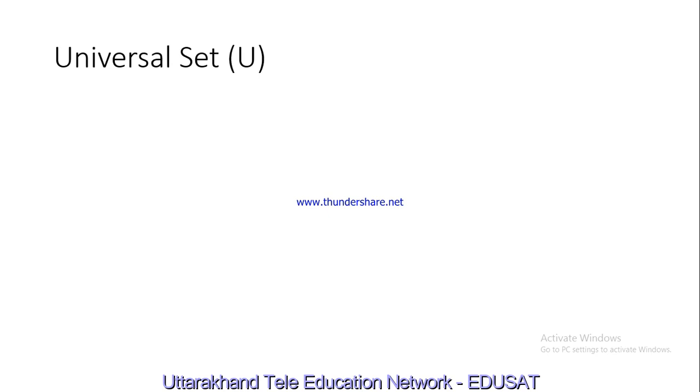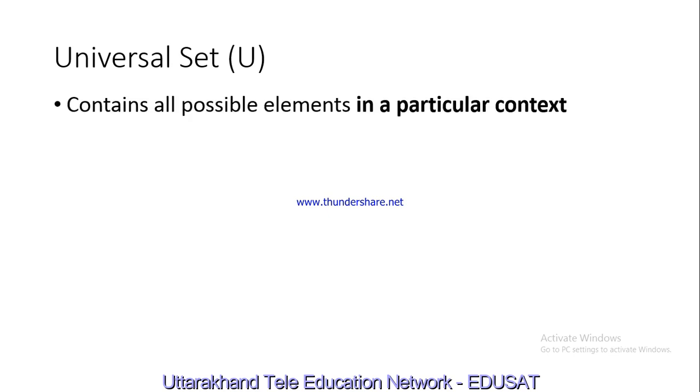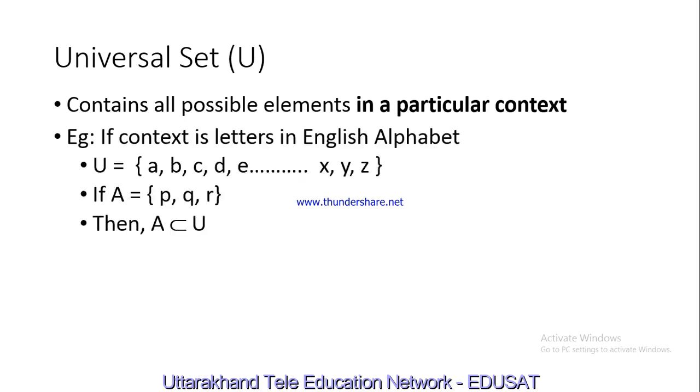Now let us talk about the universal set. What do we mean by universal set? Well, universal set will contain all possible elements in a particular context. Now this is very important. You need to take care of this particular phrase while trying to find out universal set or while doing some calculation which includes universal set. It will contain all possible elements, but it has to be in a particular context. Now what do we mean by particular context? Please understand.